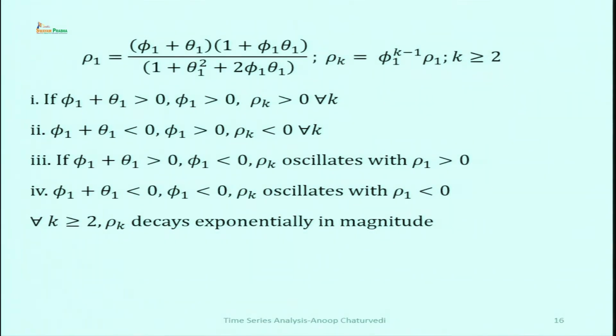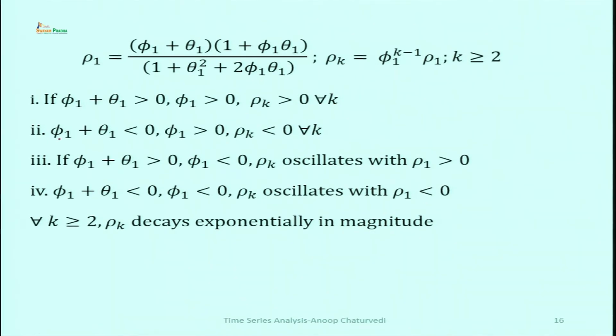If phi 1 plus theta 1 is greater than 0 and phi 1 is also greater than 0, then rho k is greater than 0 for all k, because if phi 1 plus theta 1 is greater than 0, then rho 1 is greater than 0, and since phi 1 is greater than 0, rho k remains greater than 0 for all k.